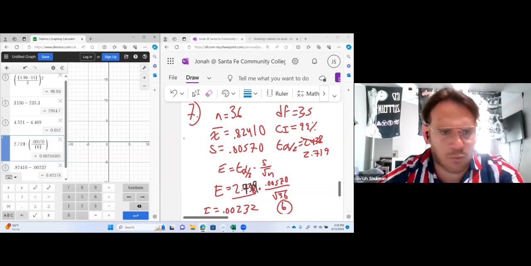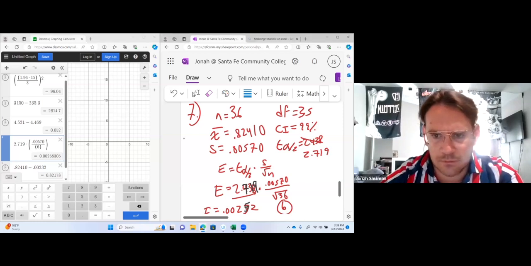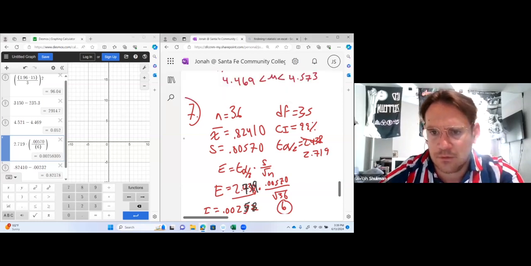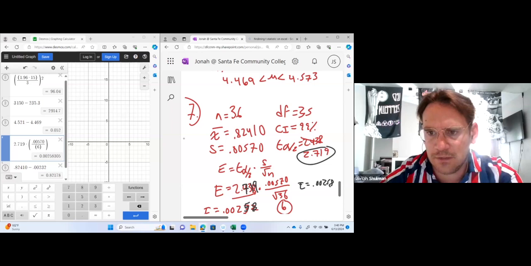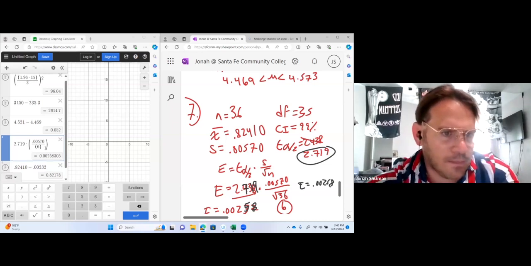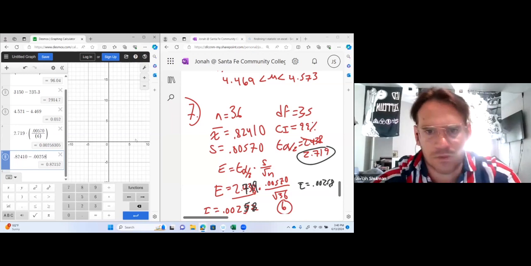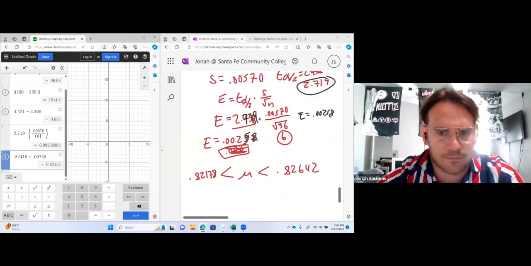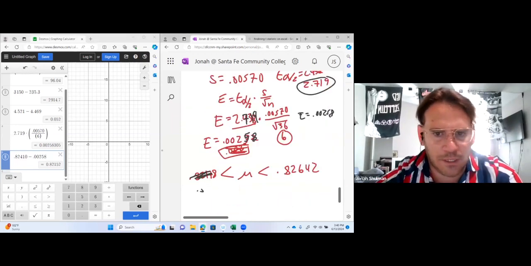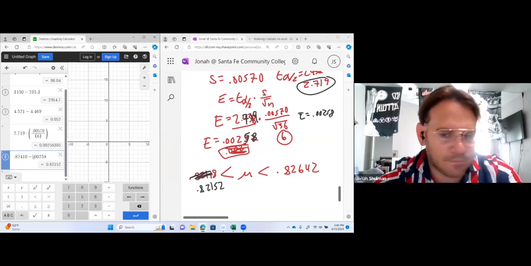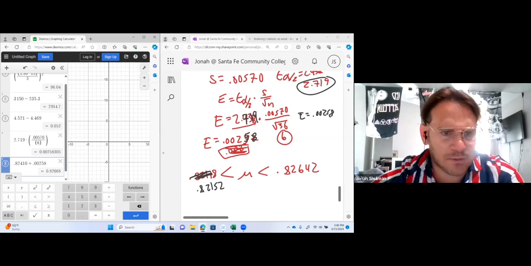So it's 0.00258. Error, 0.00258. So we know it's going to be between 0.82152 and 0.82668.